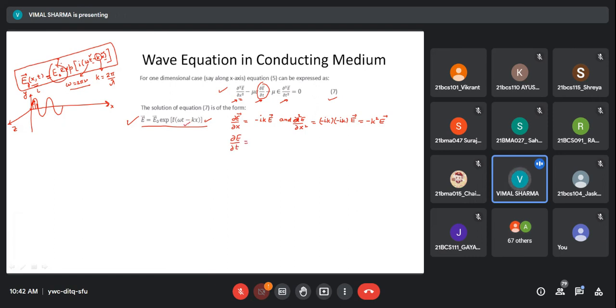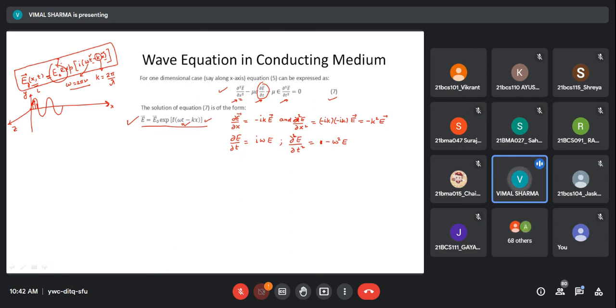When I differentiate it with respect to t, it is i omega, and the rest is the electric field E, because the derivative of e raised to the power x is e raised to the power x. This is the double derivative with respect to time. One more differentiation gives i omega squared, which is minus omega square E.